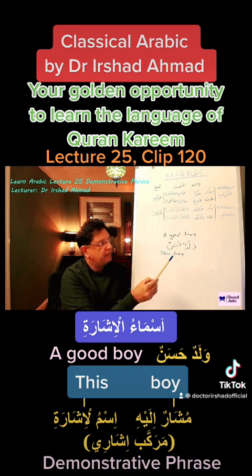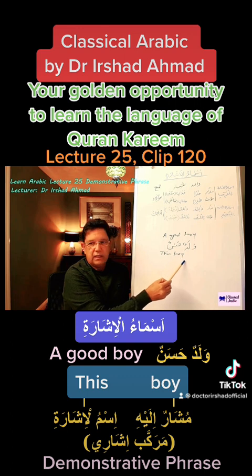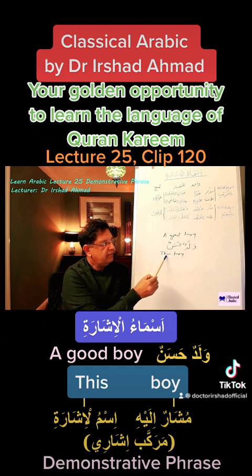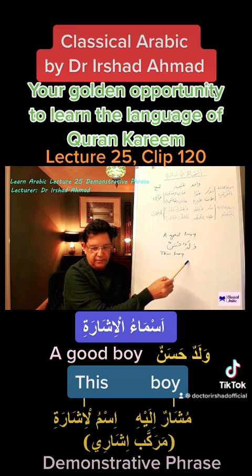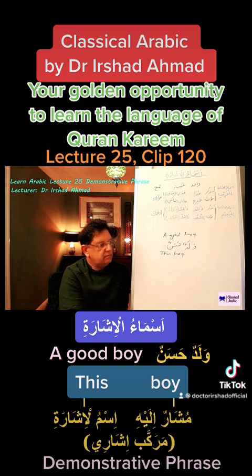And boy is what is being pointed at. So we have a demonstrative pronoun and a noun at which we are pointing. So that's our English phrase, this boy.